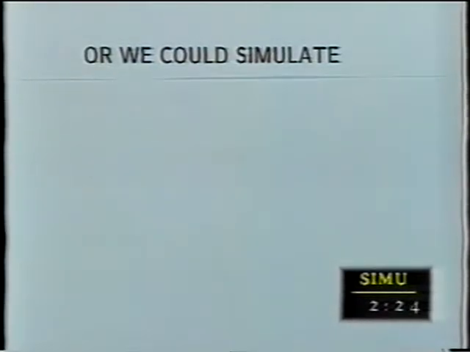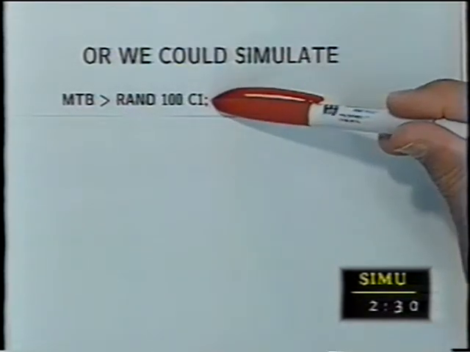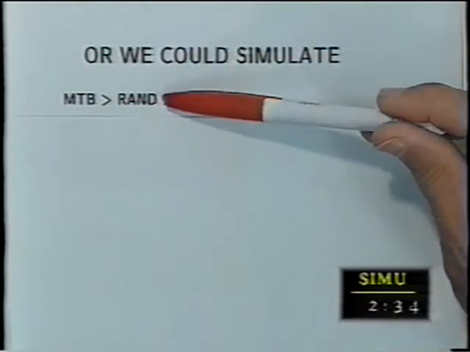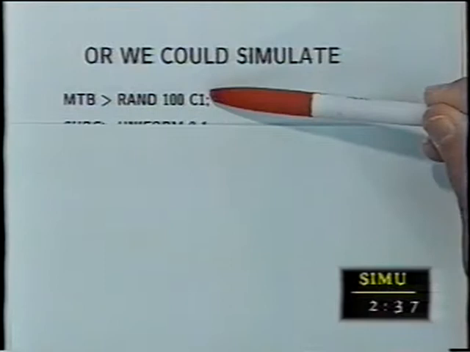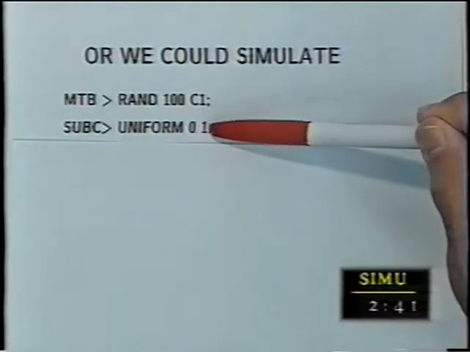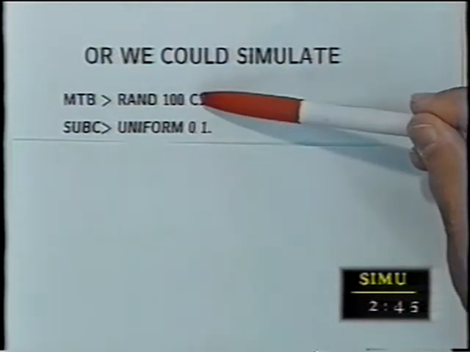Now, I'm going to show you how I would do it if I were given this assignment. I go into Minitab, and I'd say, okay, Minitab, rand 100 C1. That means take 100 random numbers and put them into C1, with the subcommand, coming from the uniform distribution 0, 1. So that will put 100 uniform 0, 1 random numbers into C1.